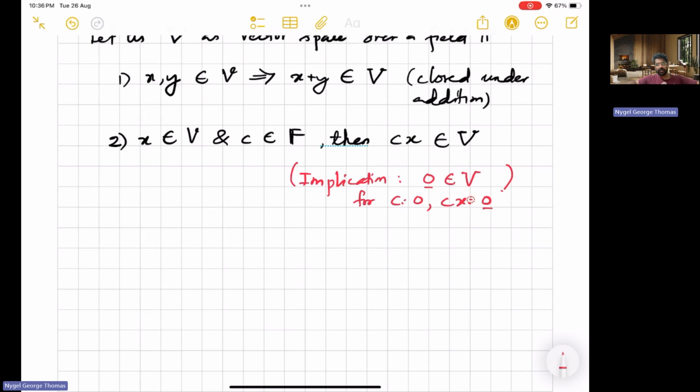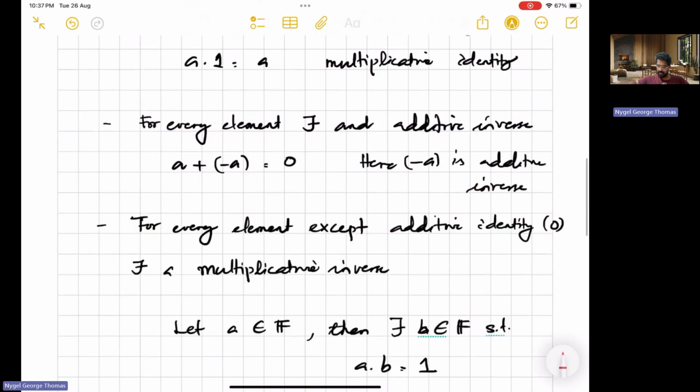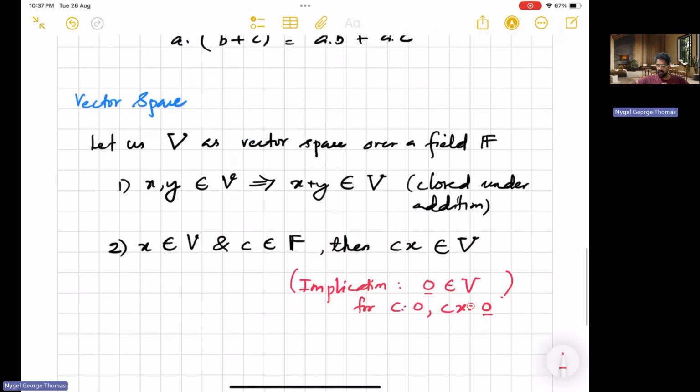So if we have a field over which we have defined addition and multiplication, and it satisfies all these axioms, then this is how we define a vector space if it satisfies these two properties. What are these properties?